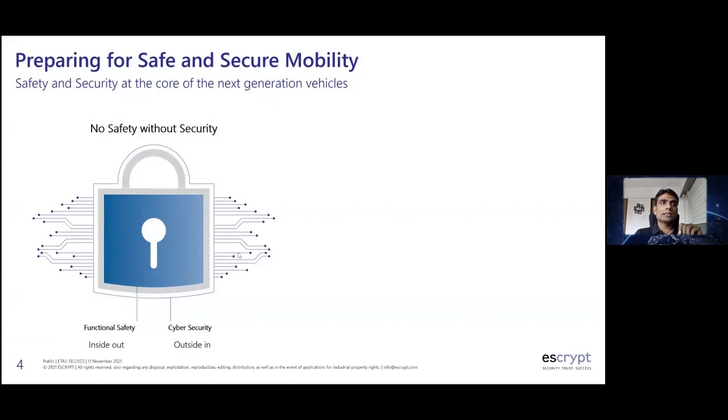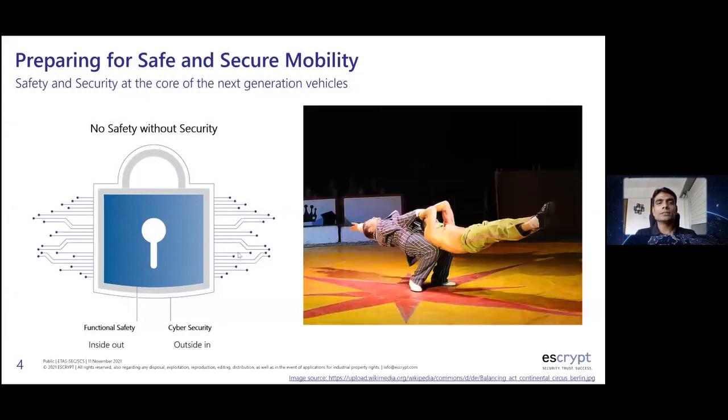The view is that functional safety is an inside-out view of a system, whereas cybersecurity is an outside-in view of the system. But in general, safety and security complement each other. Both are at the core of automotive electronic software development and reliable performance over the lifetime.